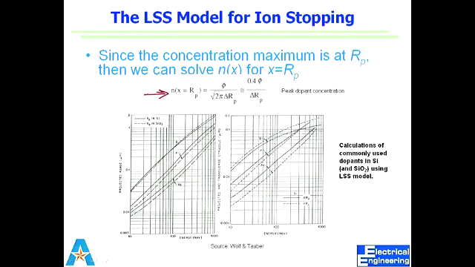For the projected range, we end up with a relation which is just Q over the square root of 2 pi times the straggle of the projected range, which further simplified gives us 0.4 Q over delta R_P.